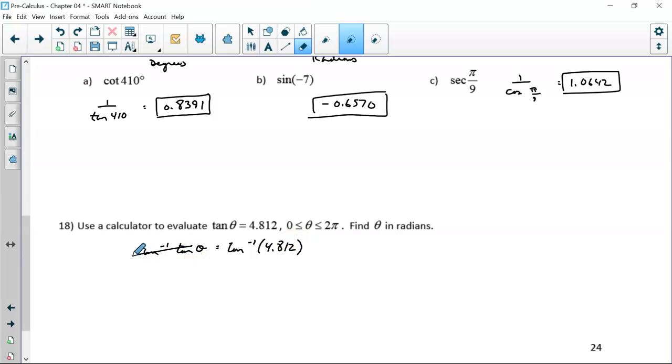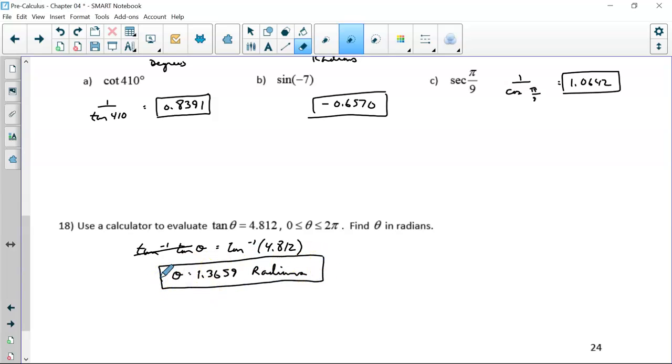Tangent and tangent inverse cancel out, so theta equals, and when you type this in your calculator, make sure you're in radians, 1.3659 radians. That would be the measure of the angle that has that value for the tangent. Okay, thank you for your time. I will see you in the next section.